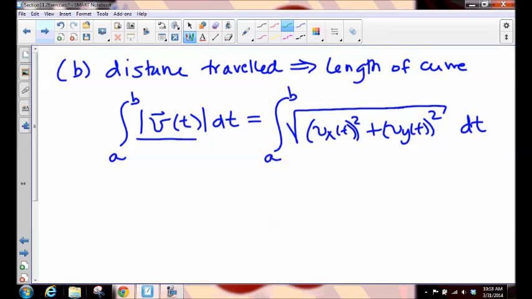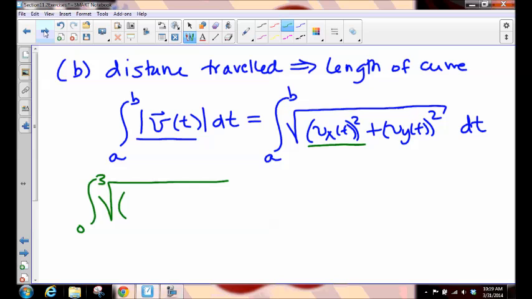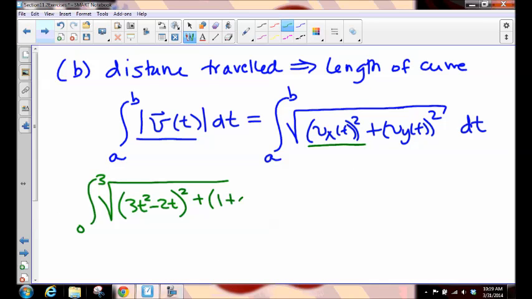Our integral is going to go from 0 to 3 because we are interested in the time interval from 0 to 3. I'm going to have the square root of the x component of the velocity, 3t squared minus 2t, and that whole thing squared, plus the y component squared, which is 1 plus cosine pi t, squared, times dt.